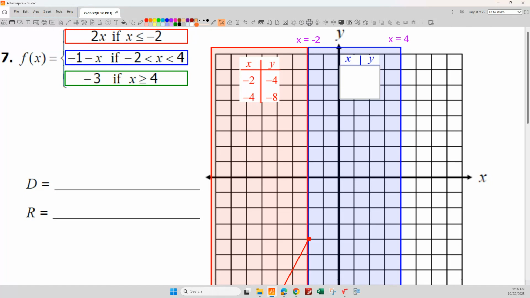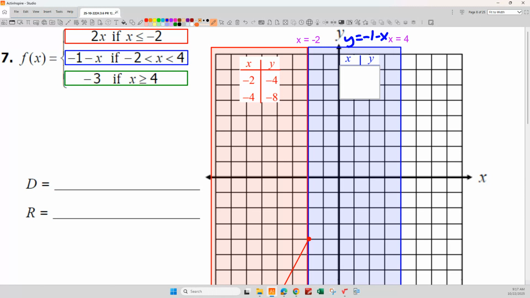Okay, so what happens if I evaluate the blue function at -2? Well, what do you get? Because now we're in the blue region, which is the equation y equals -1 minus x.